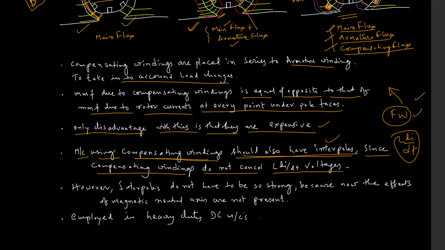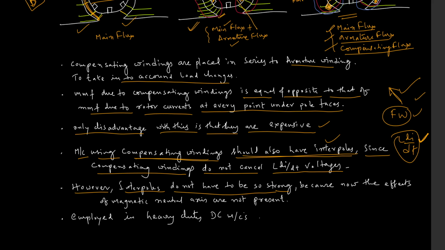But the other advantage is that the interpoles do not have to be so strong. Earlier, the interpoles had to address the magnetic neutral axis effects as well as L dI/dt effects.